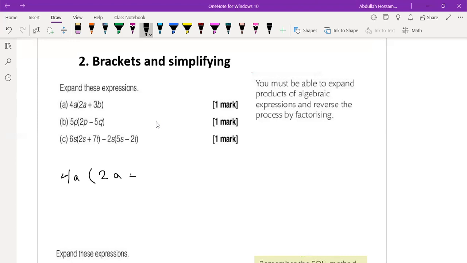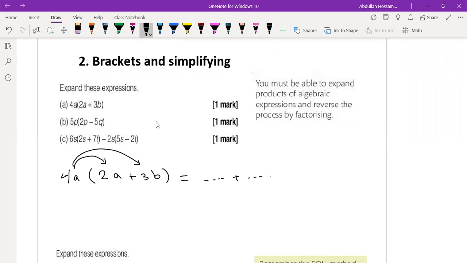So here, number 1, letter A, we have 4a(2a + 3b) equals. Easy way, just multiply 4a by whatever terms you have here. I have 2 terms, so the answer must include 2 terms also. Multiply 4a by 2a and multiply 4a by 3b.